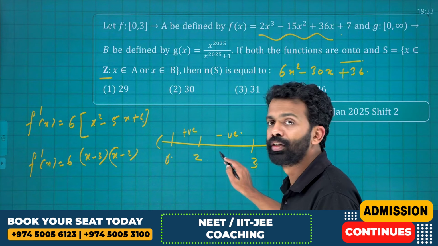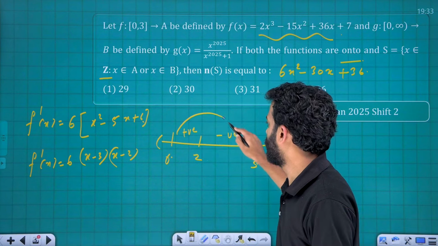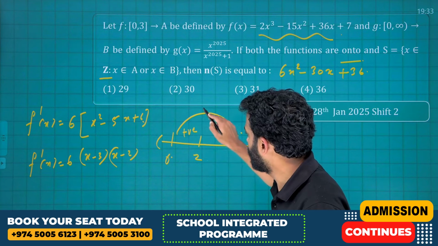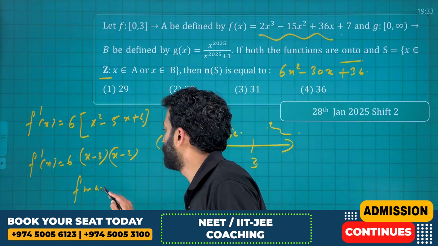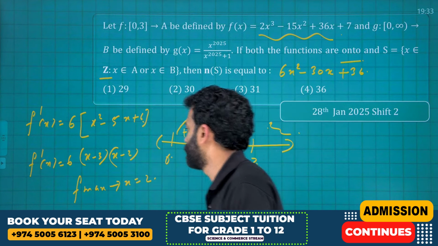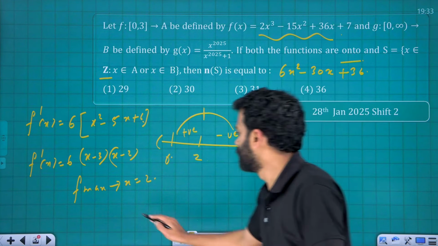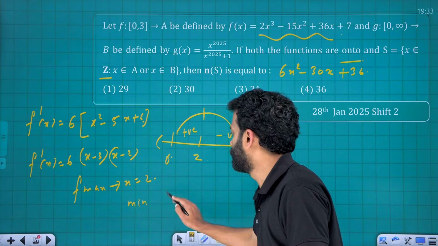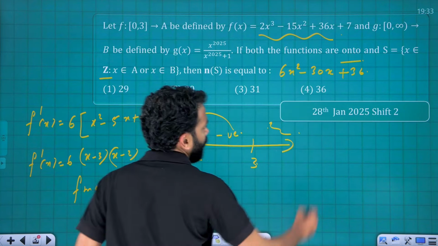So it is positive to negative, and the graph will be somewhat like this, right? Therefore, the maximum value is hit at x equal to 2. And the minimum will be at 0 or at 3. We need to find that out. So we can find f of 2 first.